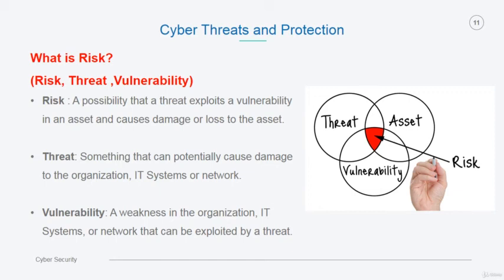Vulnerability is a weakness in the organization, IT system, or network that can be exploited by a threat. In brief, vulnerability is a weakness that can be exploited by a threat to become a possible risk.